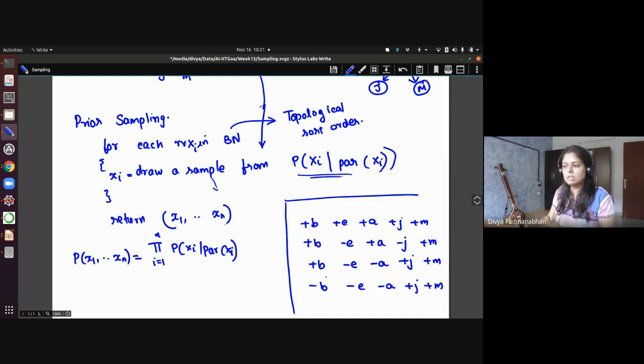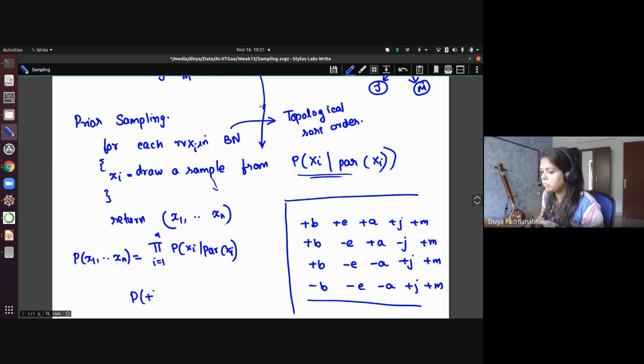For simplicity, I'm just taking these 4 examples. With these samples, I want to compute the probability of plus b given plus j plus n.